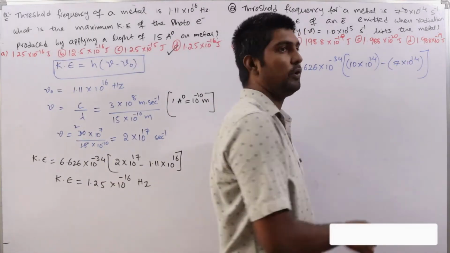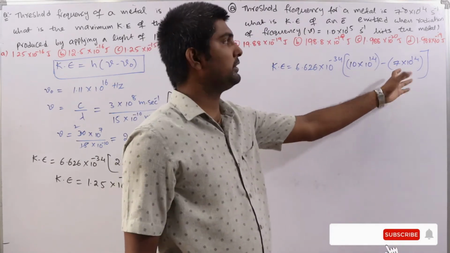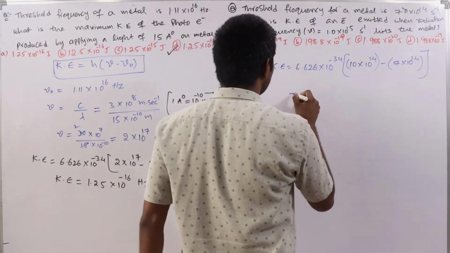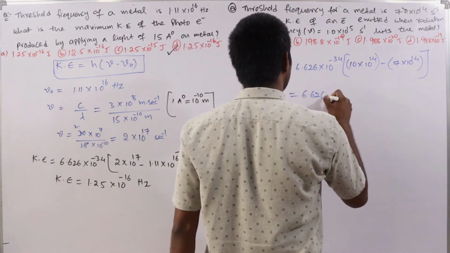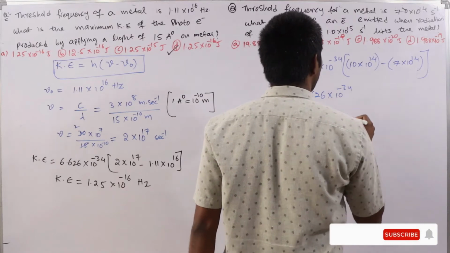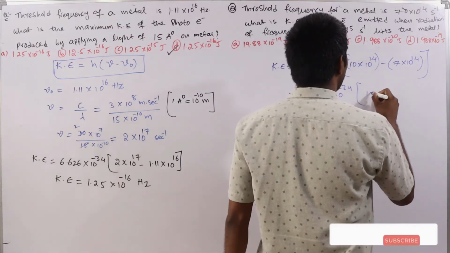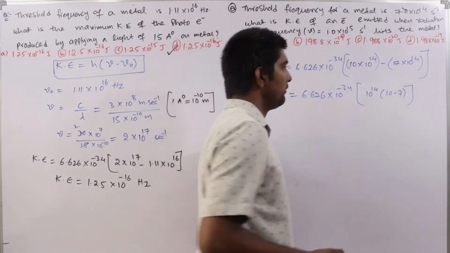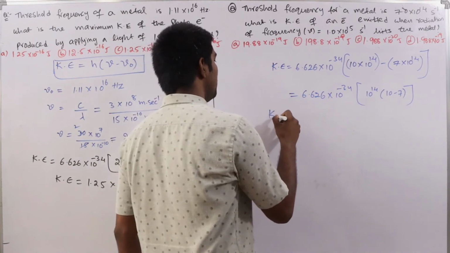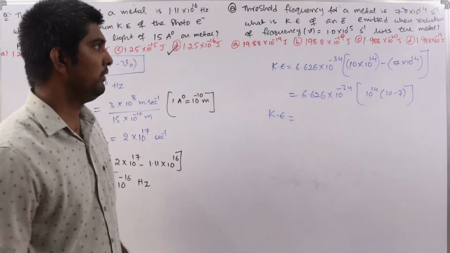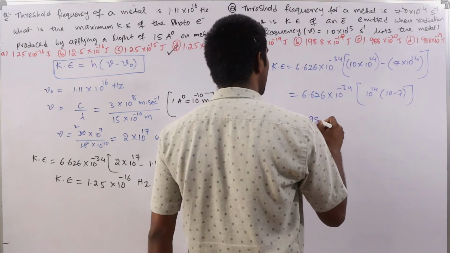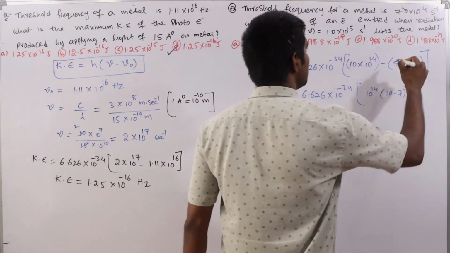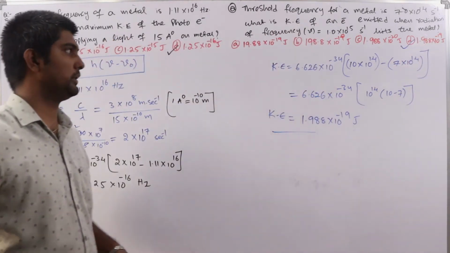So 10 power 14 is common, so 10 minus 7, that is 3, we get 3 into 10 power 14, into 10 power minus 34. So after all simplifications we get the final answer as 1.988 into 10 power minus 19 joules. So option 4 is the answer.